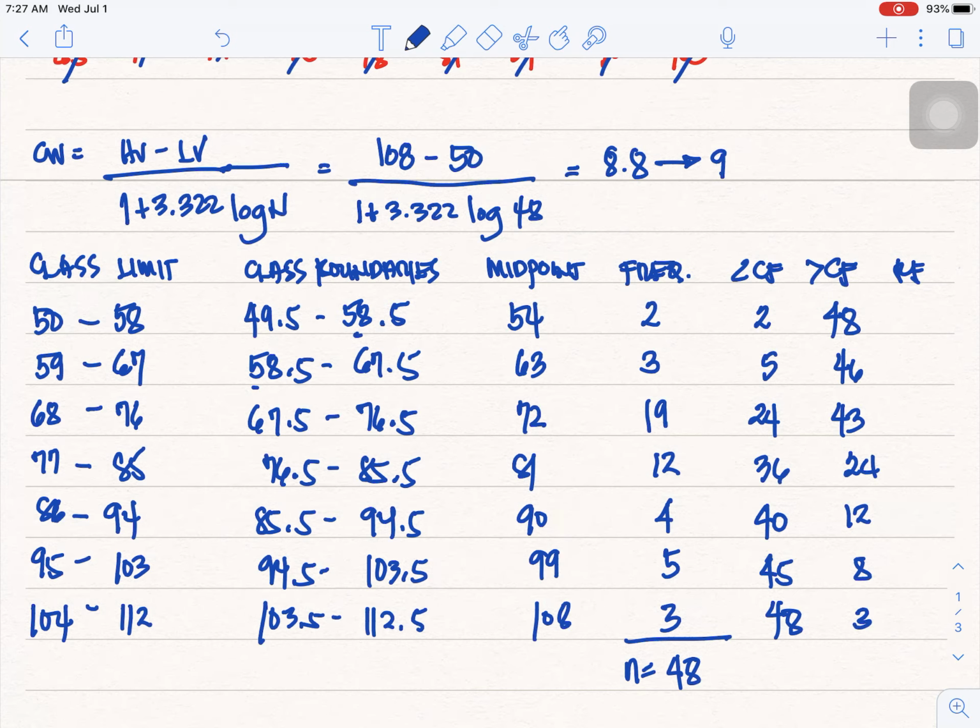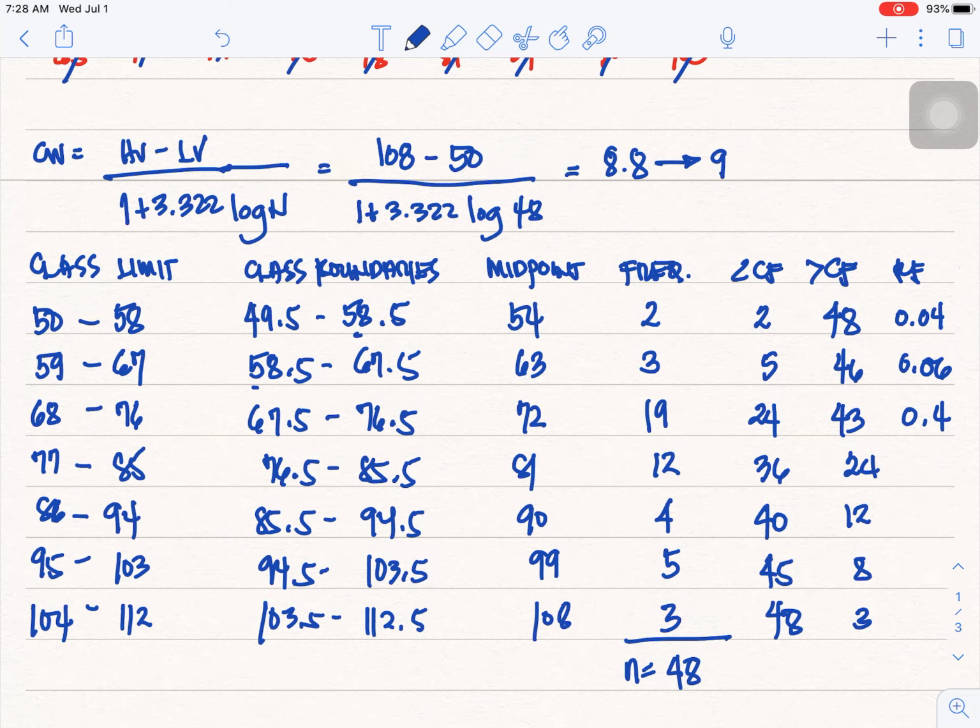Then for our relative frequency, how do we compute the relative frequency again? That is simply the frequency divided by n, so that is f over n. We have 2 divided by 48, which gives us 0.04. Then 3 divided by 48, that is 0.06. Then 19 divided by 48, that is 0.4.